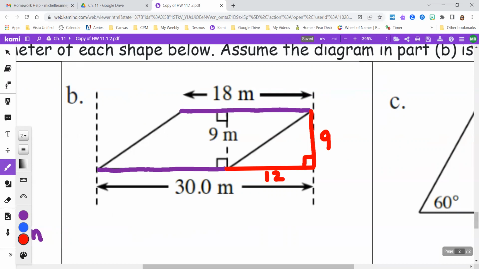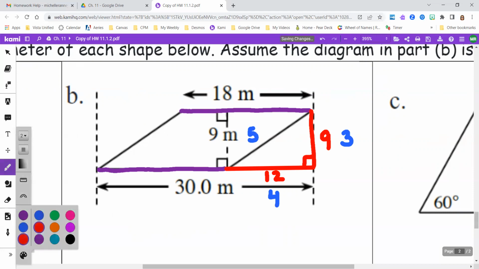Now this, I can use Pythagorean theorem. And what you might notice is this is a 3, a 4, so this is a 5, which actually means 3 times 3 is 9, 4 times 3 is 12, 5 times 3 is 15. It's going to be a 15.